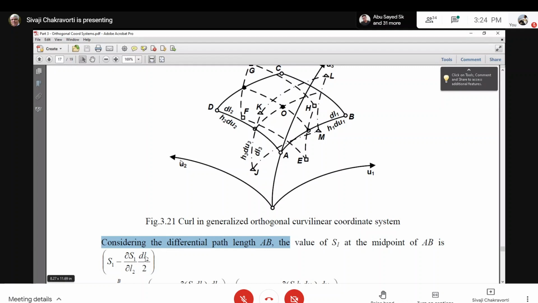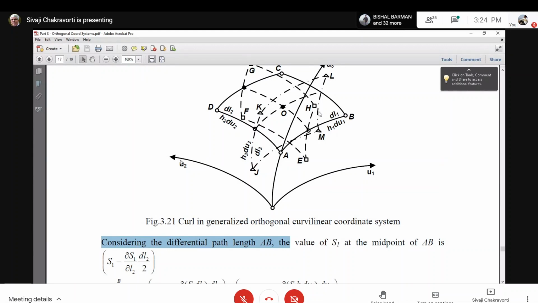We are taking the derivative of S1 because we are integrating S1 here, because this plane is the U1 U2 plane, and S1 is along the U1 direction, so the line AB is along S1.